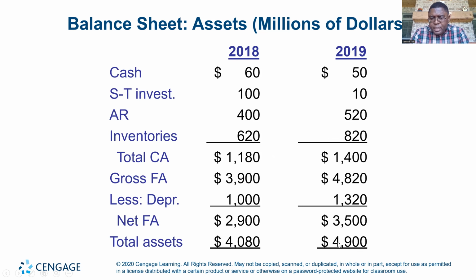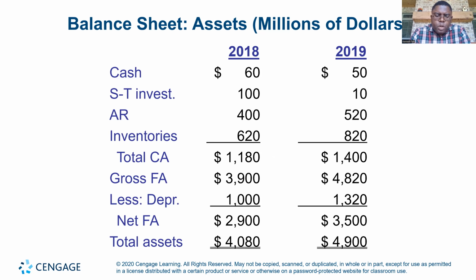And then the company is experiencing a growth, and 2019 is now at 4,900 million. We can look in depth. We find that current asset and net fixed asset each grew over the year. Current asset is growing, and the net fixed asset is also growing as well.